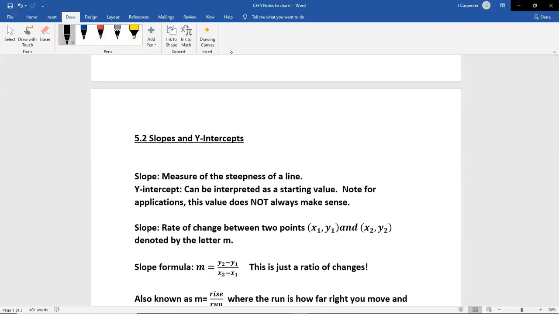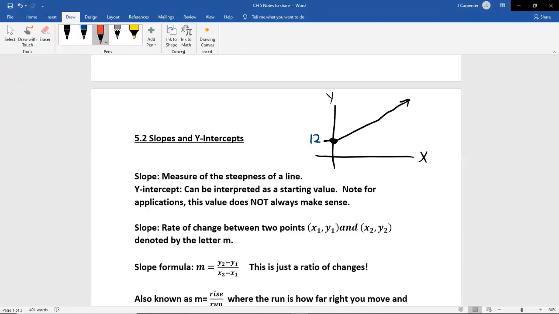So if you have, here's a line over here, let's put our axes. Let's say we got a point at this height right here, and then the line just kind of keeps going up from there. And let's just pretend like this number here is 12. And then as you move along this line, you're going right and then up, right and then up.